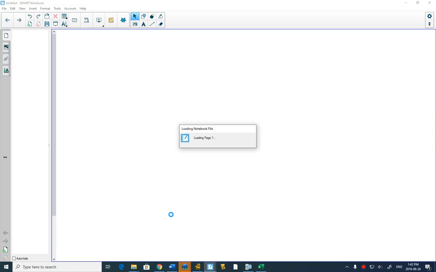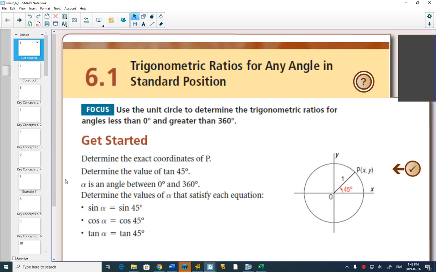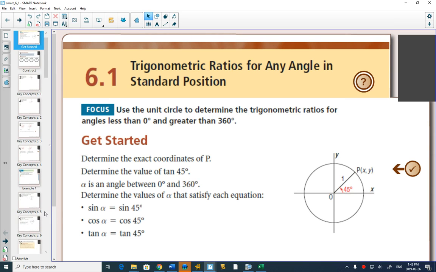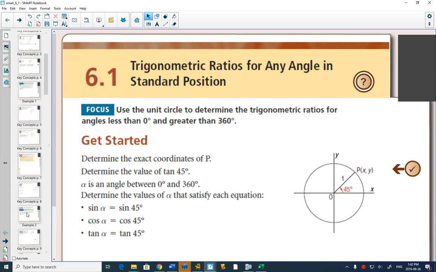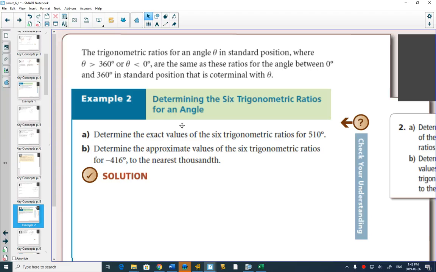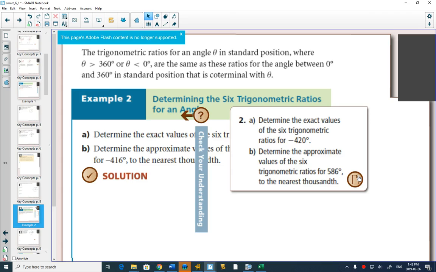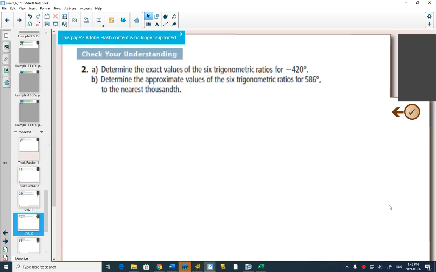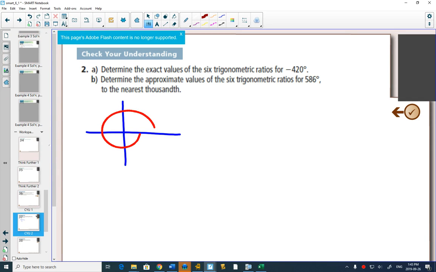We had skipped 2a. In 2a, it said determine the exact values for negative 420 degrees. Well, negative 420 degrees would be going all the way around 360 plus 60 more.